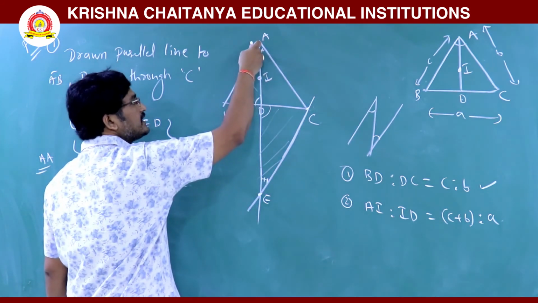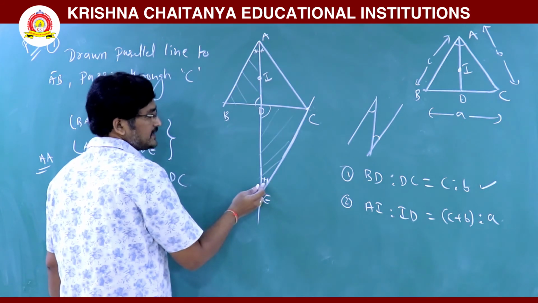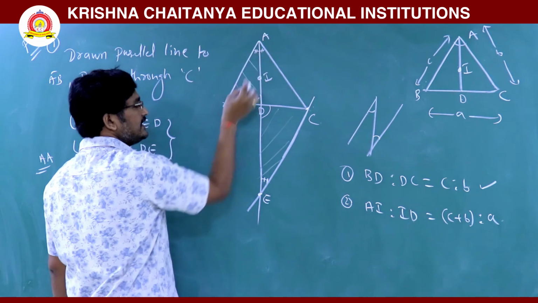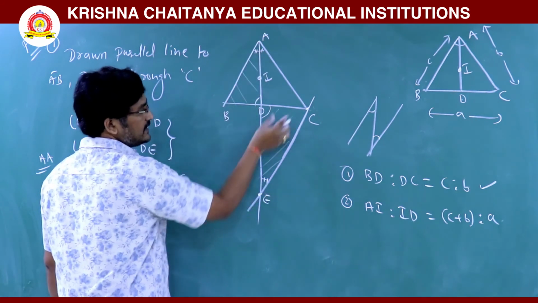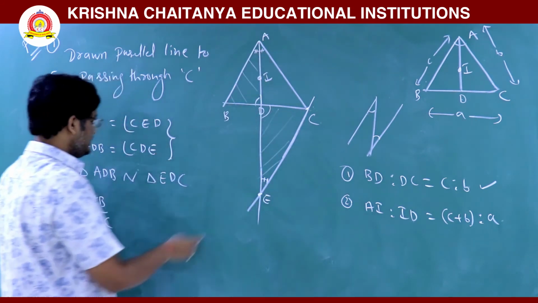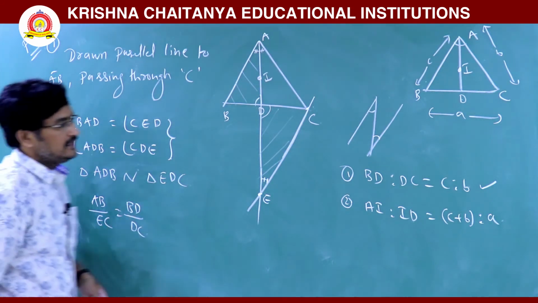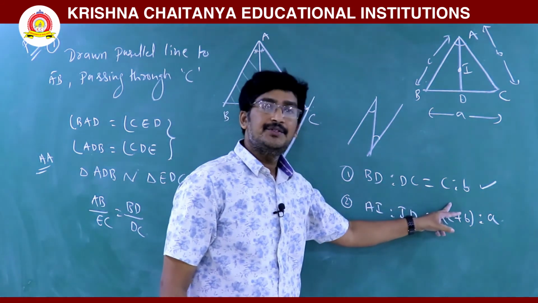The corresponding side of this one is BD, and in this triangle it is this one, DC. That means BD by DC. What we need here is BD by DC equal to c by b.